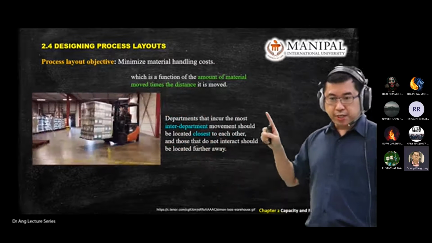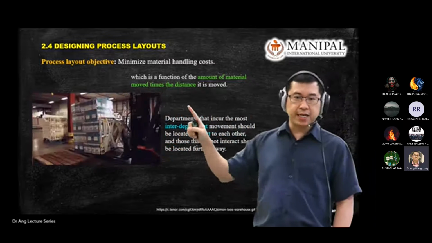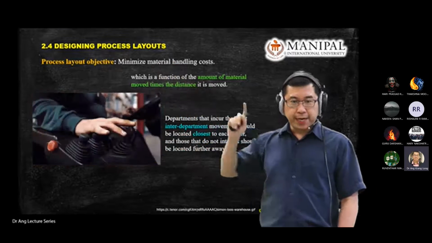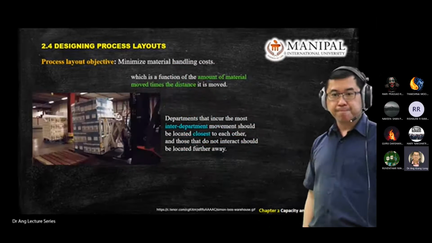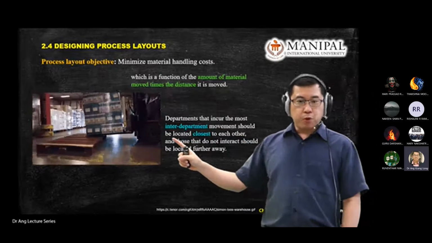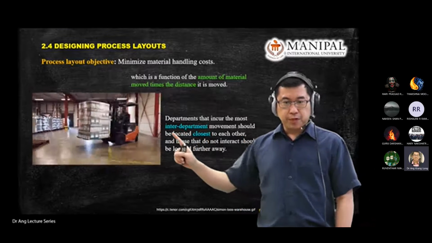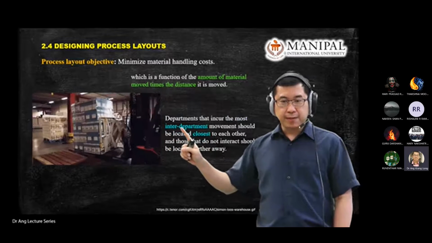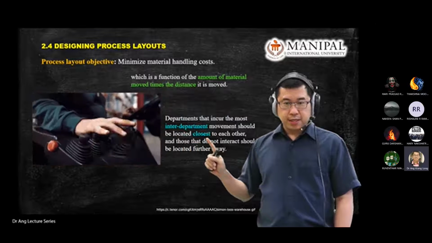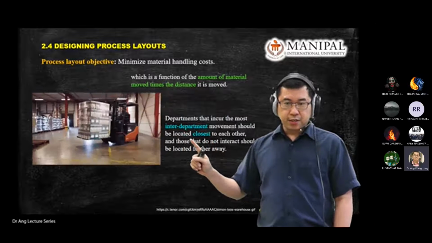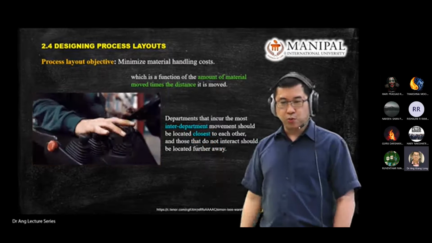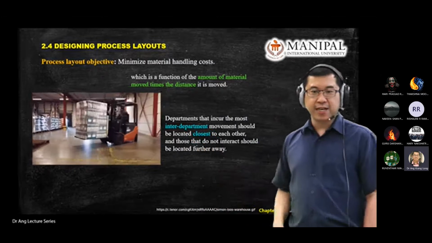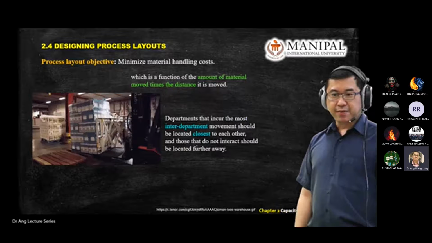This is the logic, the statement behind the logic when you do planning, especially process layout. You will put departments that link to other departments in the center so that they shorten the distance traveled to the related departments.